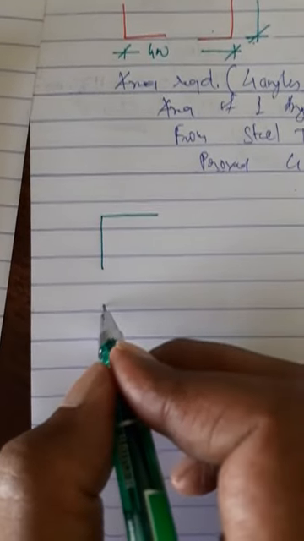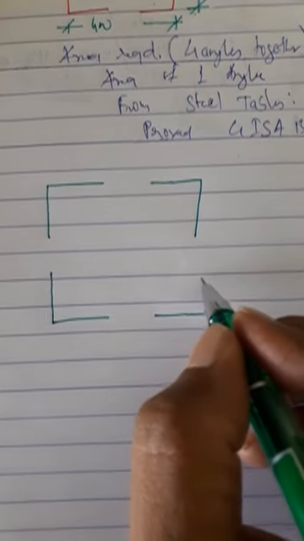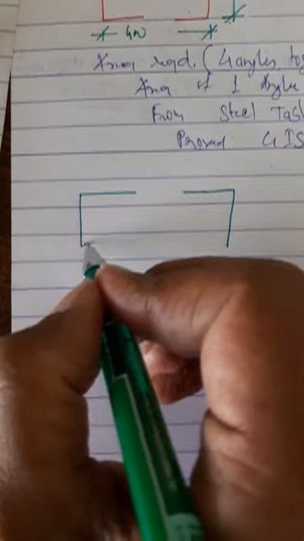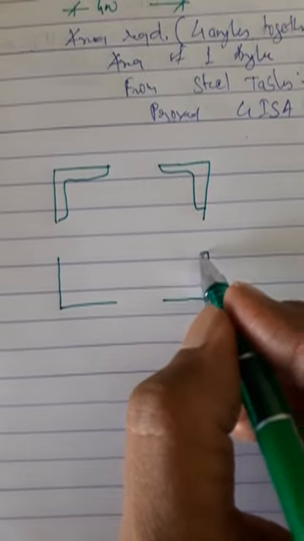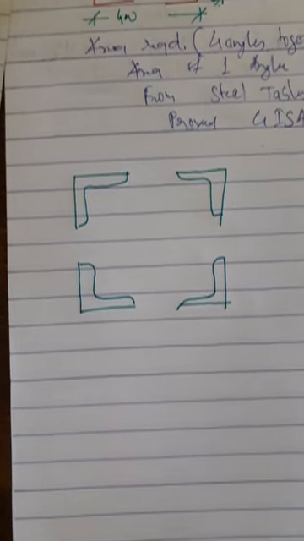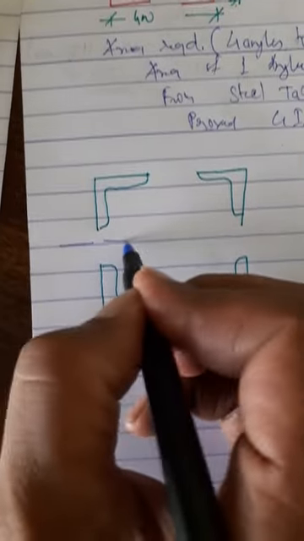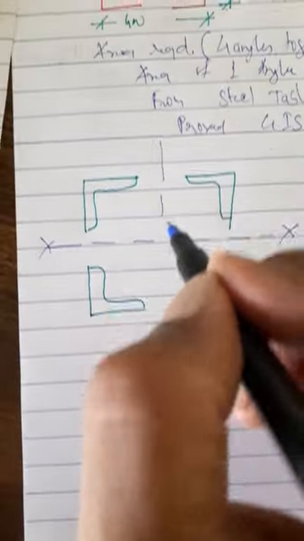Say I am going to provide 4 angles like this. When you are providing 4 angles, let this be the XX axis or ZZ, same, and this be the YY axis.